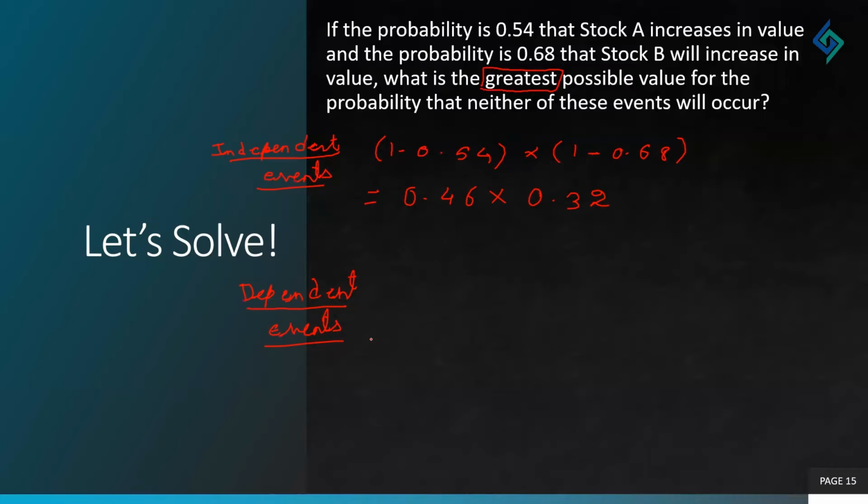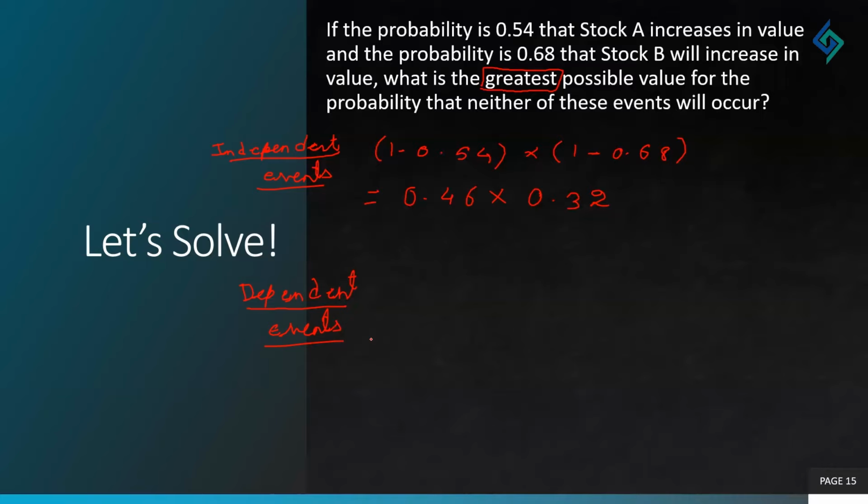Is it the first type of dependency where they are mutually exclusive to each other? Is it the second type of dependency where they are partially dependent on each other? Or is it the third type of dependency where one is completely dependent upon the other? So if you want to pause the video right here, pause and think which of these will give me the maximum possible value of probability that neither stock A nor stock B increases.